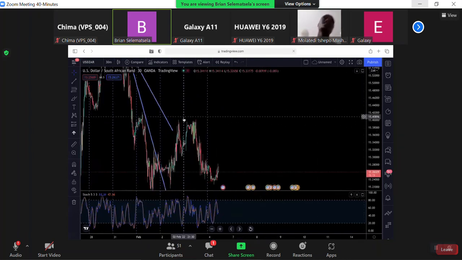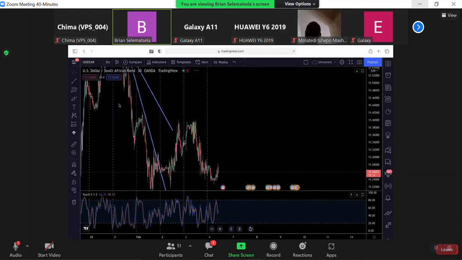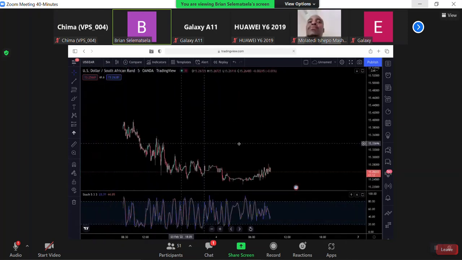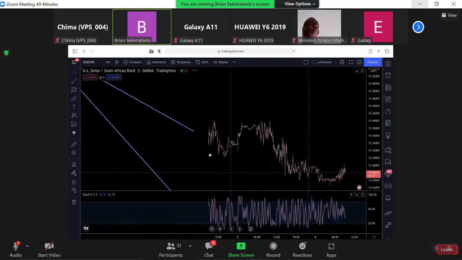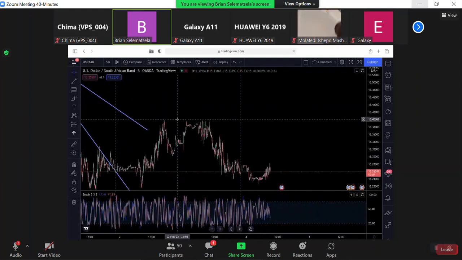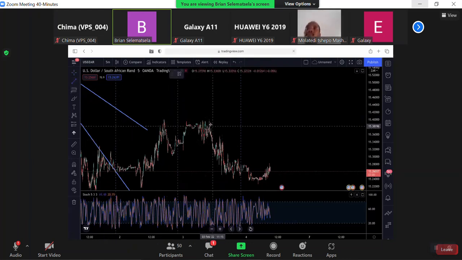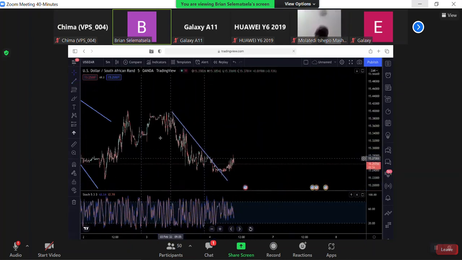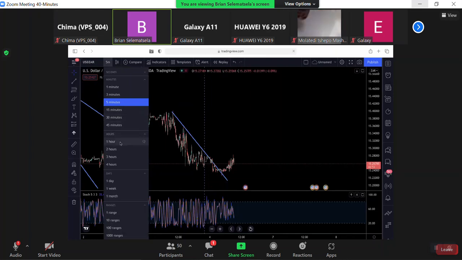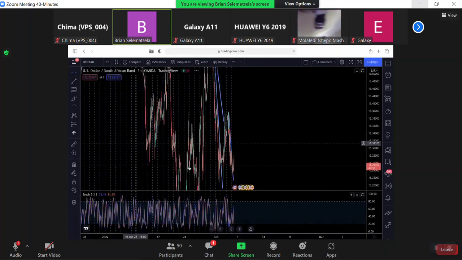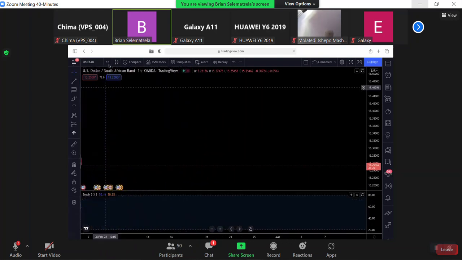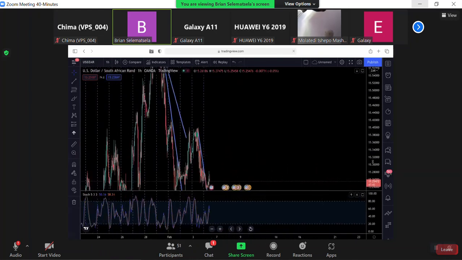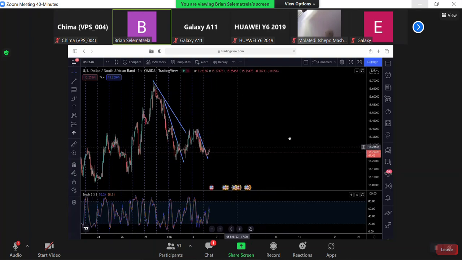Now, when we go into a more detailed form, from this to there, the horizontal line, it makes sense to buy.